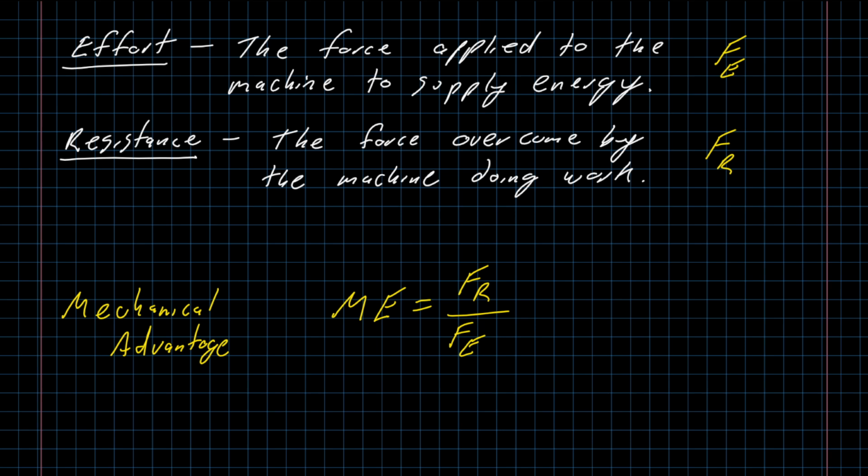So for a machine that has a mechanical advantage of, say, 2, then for every newton of force that you put into the machine, you get 2 newtons of force out of it.